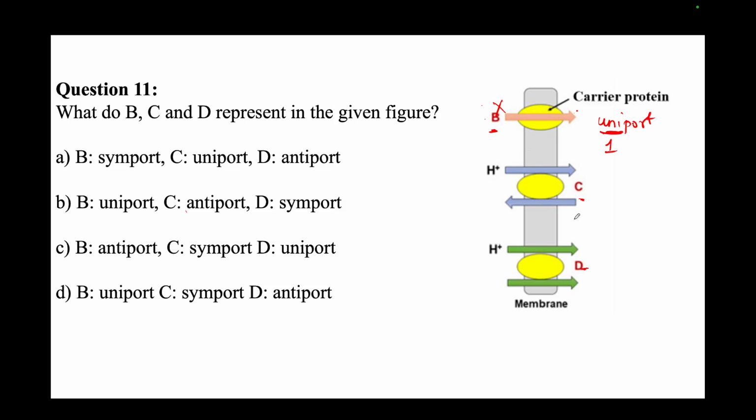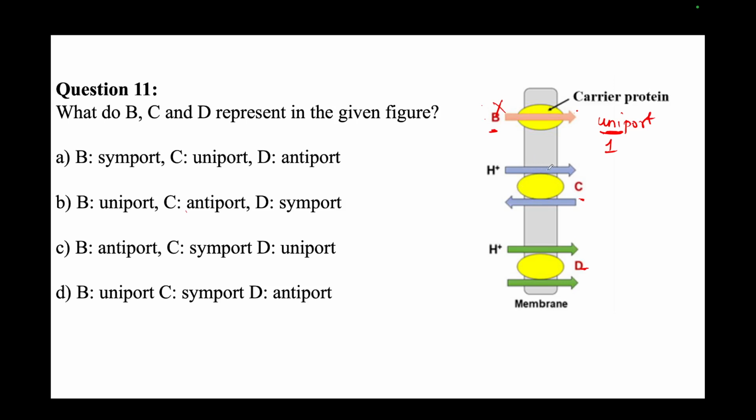Now comes C. C is antiport. Anti means opposite. So you remember parallel and anti-parallel beta sheets, right? Anti means opposite. In that you had opposite strands of beta sheets, so it was anti-parallel.